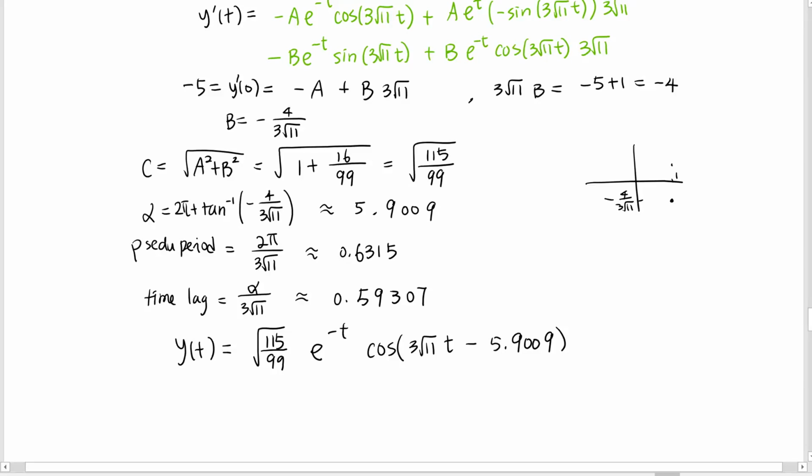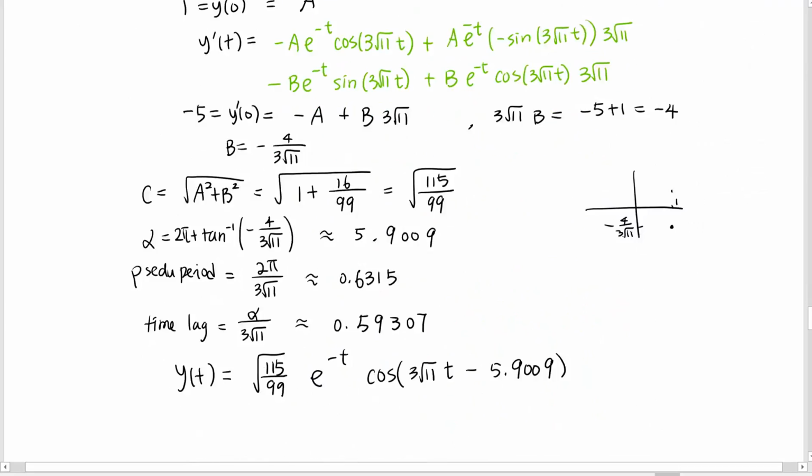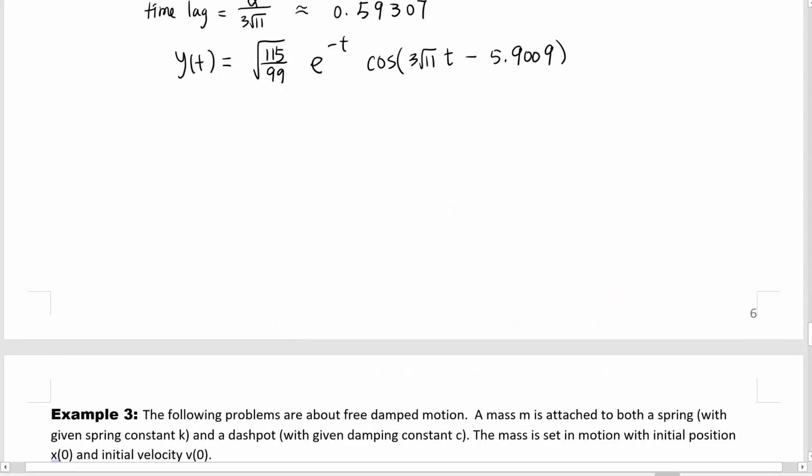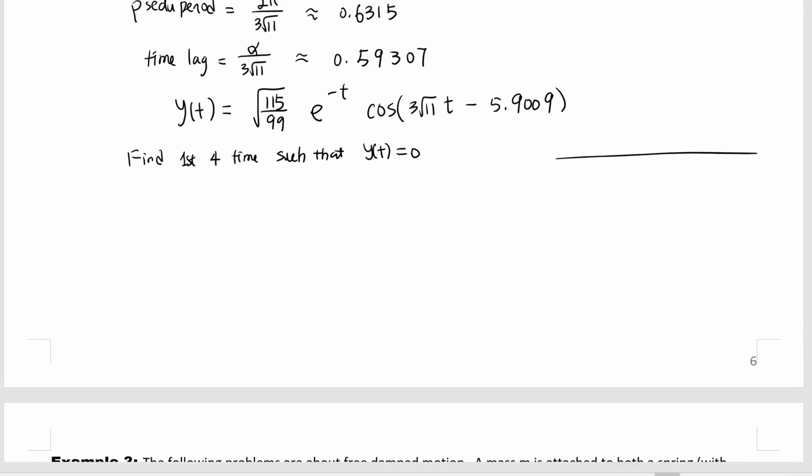Okay, next, it also asks the times of its first passages through the equilibrium position. Through the equilibrium position means you want to find the first 4 times such that y of that time is 0. Well, this is like the cosine.